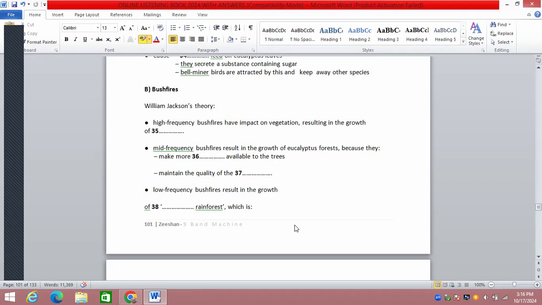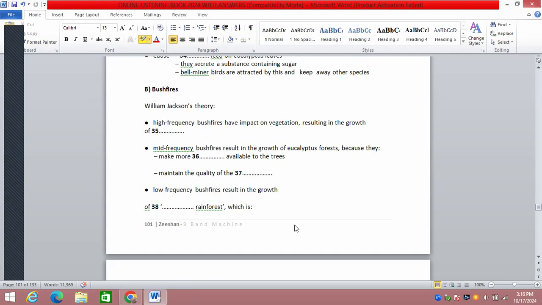So why is this? Why do fairly frequent bushfires actually support the growth of eucalyptus? Well, one reason is that the fire stops the growth of other species which would consume water needed by eucalyptus trees. And there's another reason.